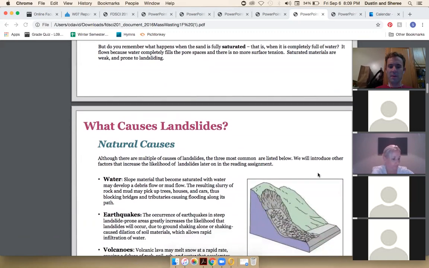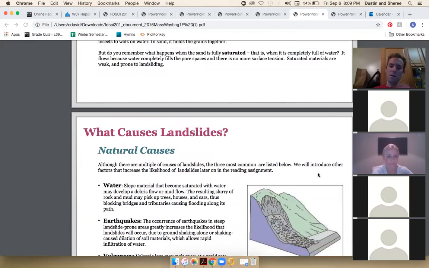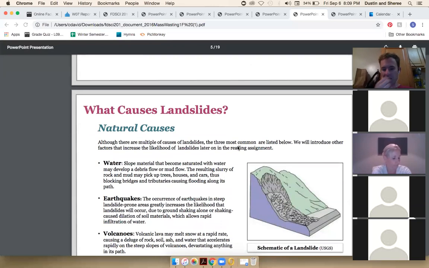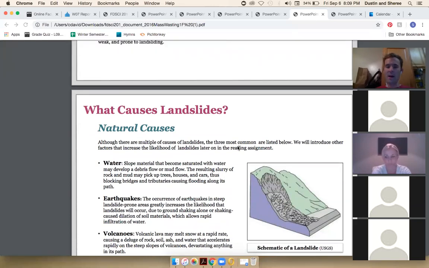There are a few more here. Another one is earthquakes. An earthquake can trigger a mass wasting event. It makes sense: the shaking can cause steep slopes to collapse and can cause breaking along planes of weakness, like layers of mud or clay in the rocks that break really easily.